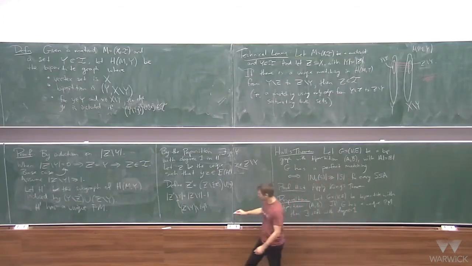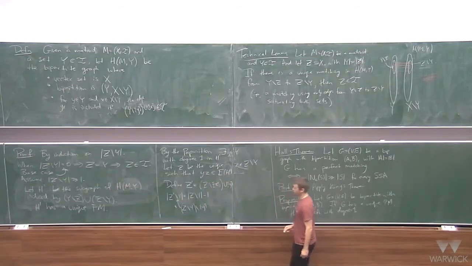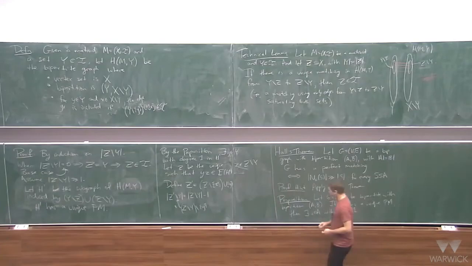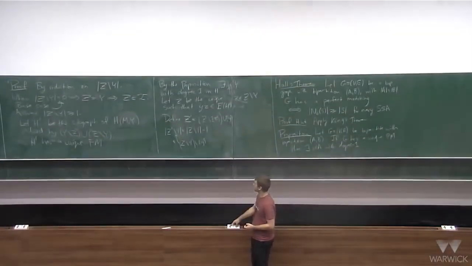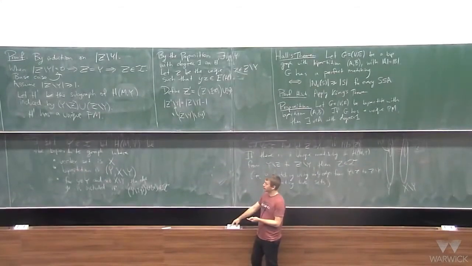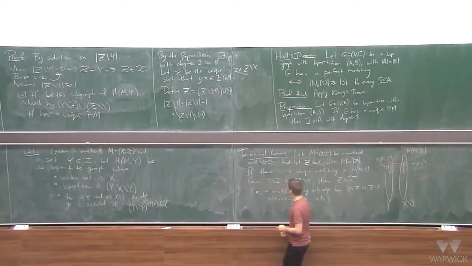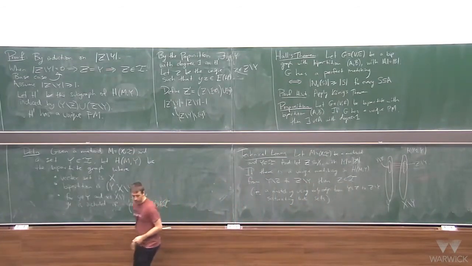So this set is equal to this set, which of course has size smaller than Z minus Y. So therefore we can apply induction to this set as long as we know it satisfies the criteria. So maybe I'll remove this definition.